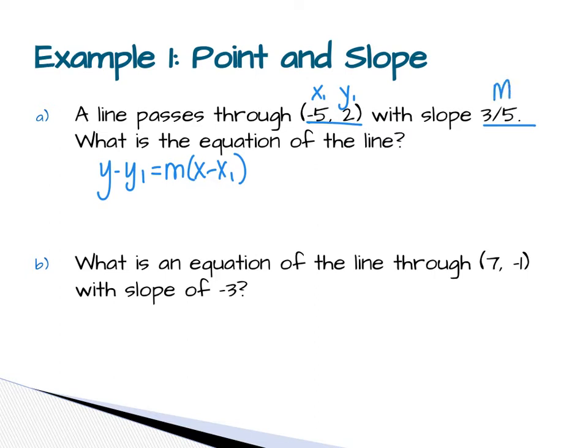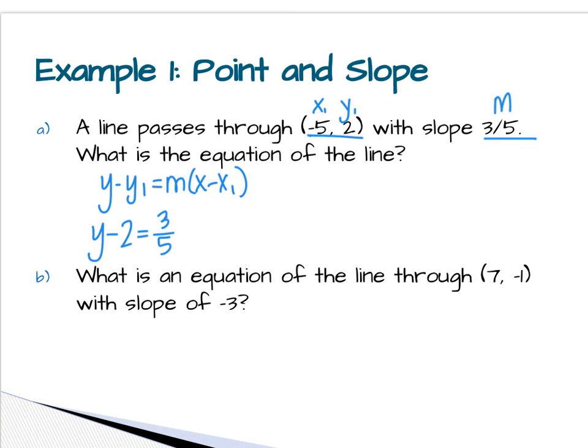So you just plug it in and you get y minus 2 equals 3/5 times x plus 5. So my point's x is -5, but because of that subtraction there, it's minus negative, which is going to be plus 5.